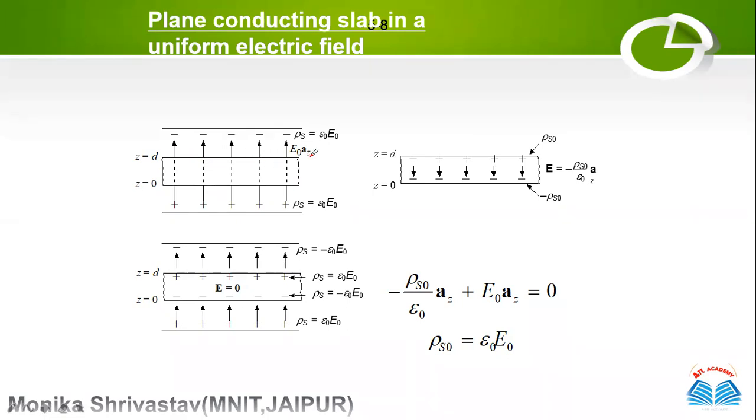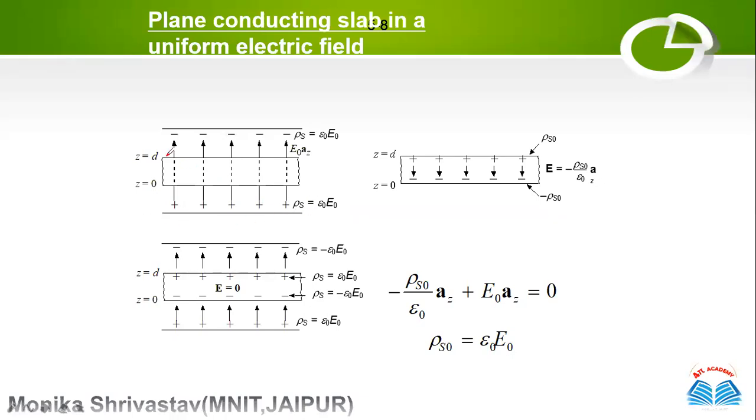So what happens if we put a conducting slab in a uniform electric field? The charges in that slab start accumulating in opposite directions and they will make a layer. How is this happening? All the negative charges are accumulating on this side, on the north side, and all the positive charges are accumulating on the south side.